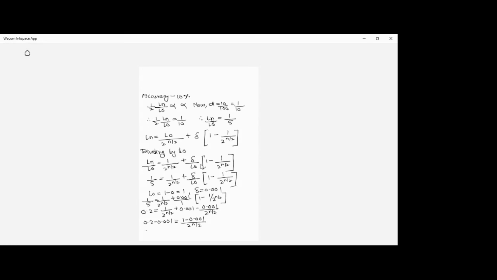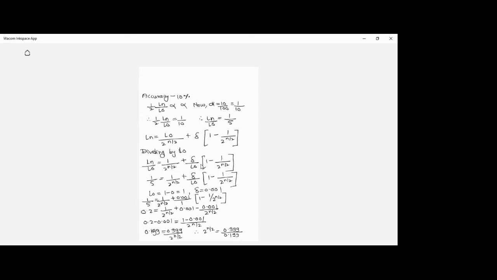So it is 0.199 is equal to 0.999 upon 2 n by 2. Therefore we can write 2 n by 2 is equal to 0.999 upon 0.199, right? So I think I'm correct up till here.